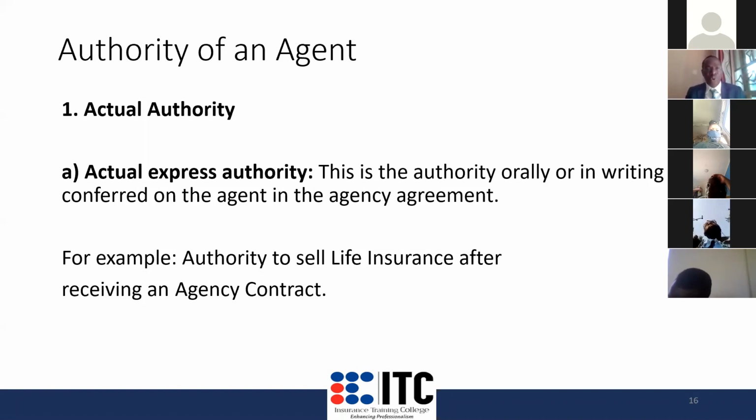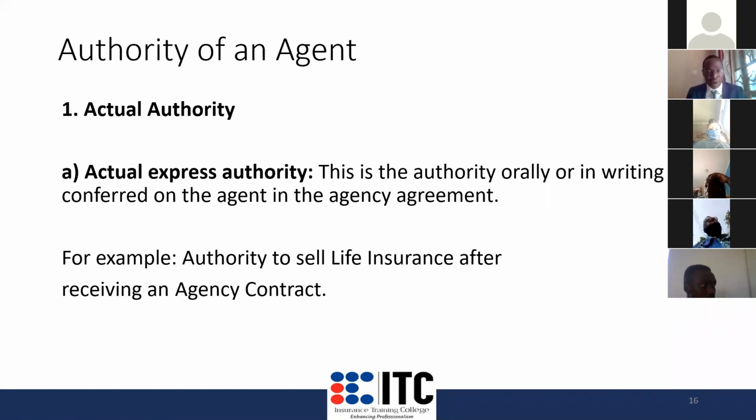Actual express authority, whenever you see express, everything is put together in the right way, in a contract, in an agreement, orally or written down, that ABCD agent is supposed to do this and this. Yes, that is the actual express authority.